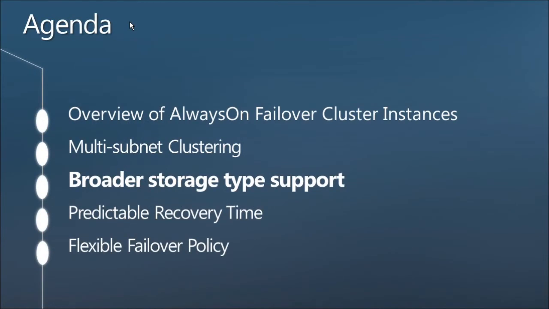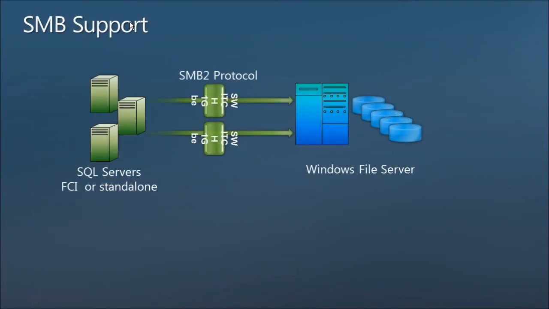Next, I will talk about the broader storage type support for FCI. In SQL Server 2008 and 2008 R2, FCI only supports SAN storage, for example, Fibre Channel or iSCSI. In SQL Server 2012, SMB file share storage is also supported.